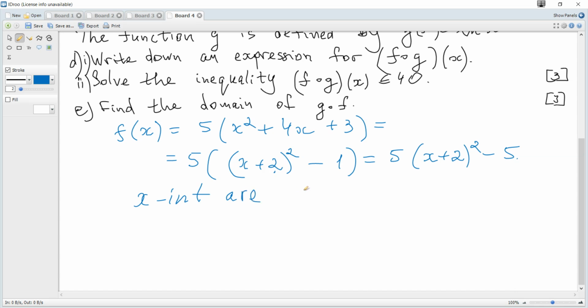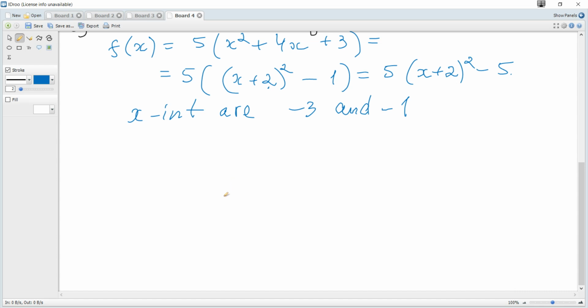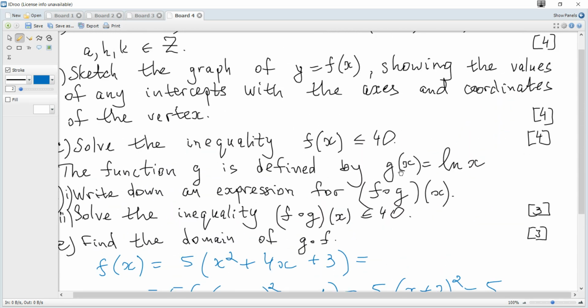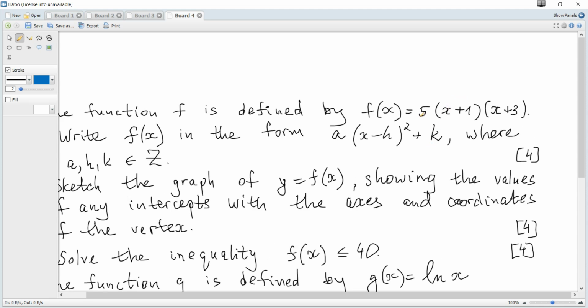X-intercepts are -3 and -1, and due to symmetry, the x-coordinate of the vertex is in the middle, so just add up and divide by 2, but it's clear that the x-coordinate of the vertex is at -2. Then substituting -2 into the function, we can find the y-coordinate. So -2 plus 1, -2 plus 3, so it's 1 times -1, so it's -5.